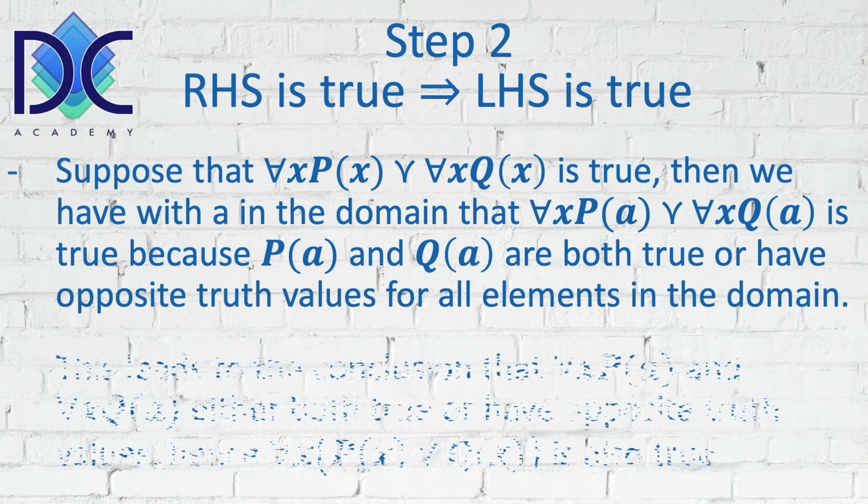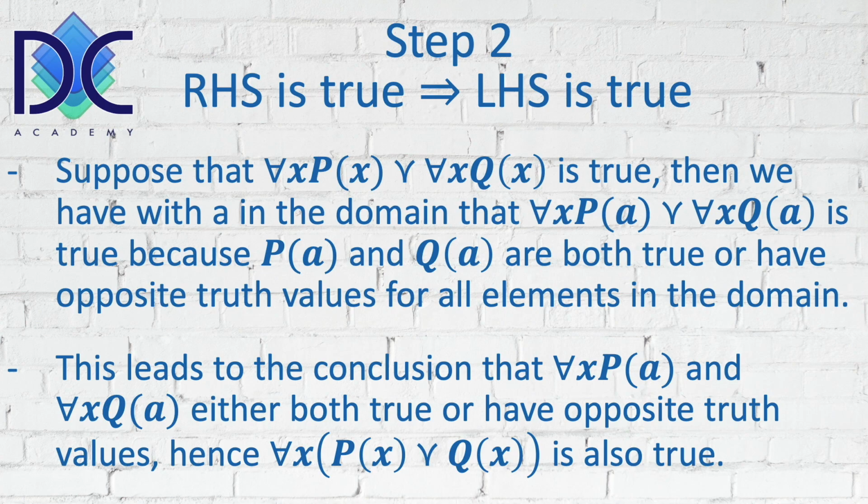Now this also leads to the conclusion that for all x, p(a), and for all x, q(a) are either both true or have opposite truth values.